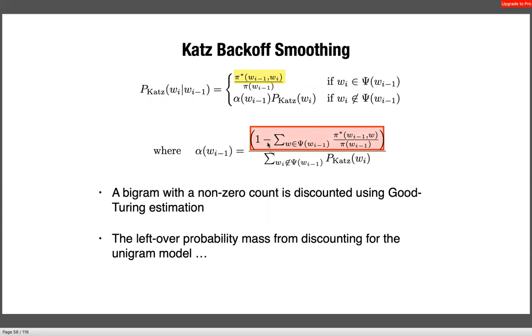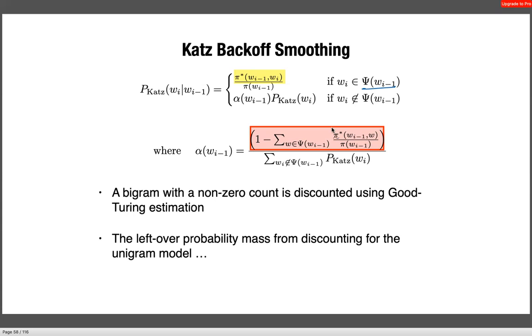Look at what this is saying. I'm going to sum over all the w which belongs to this set psi of w_{i-1}. I'm going to compute the entire sum of all these probabilities, and then 1 minus that would be my leftover probability mass, right?